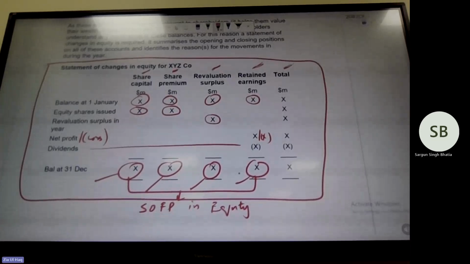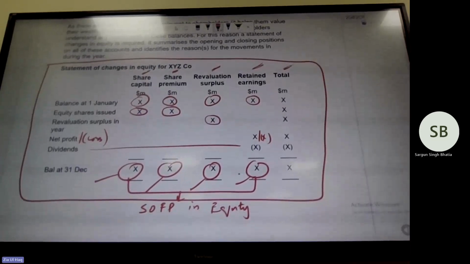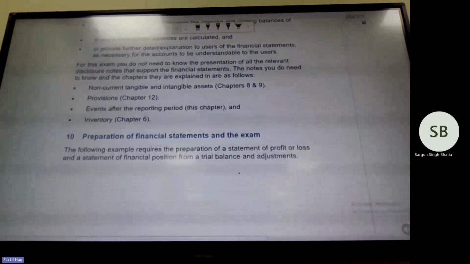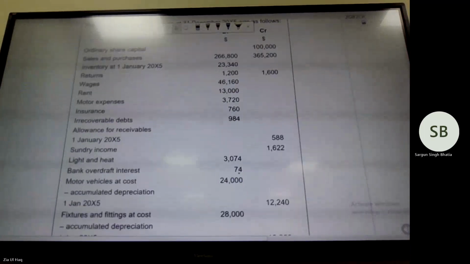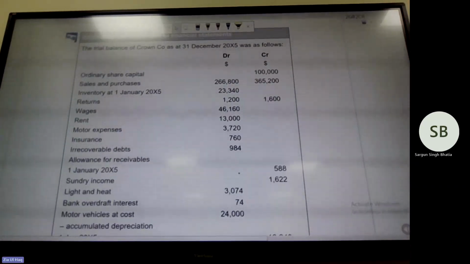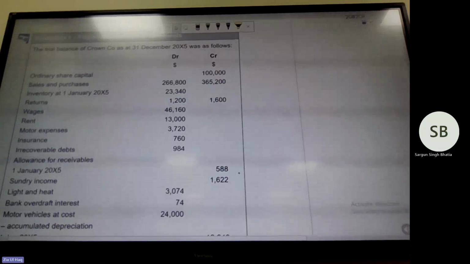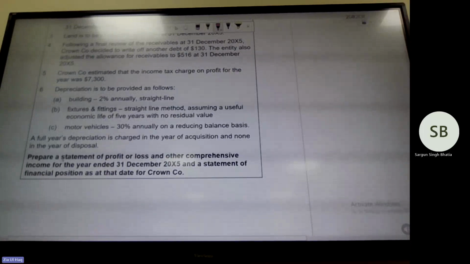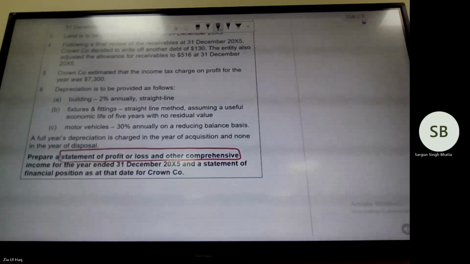How to calculate this? We will attempt a question today. So let's move straight towards our question. We have this question. What we need to do is prepare a statement of profit or loss and other comprehensive income for the year ended 31st December 2025 and a statement of financial position.